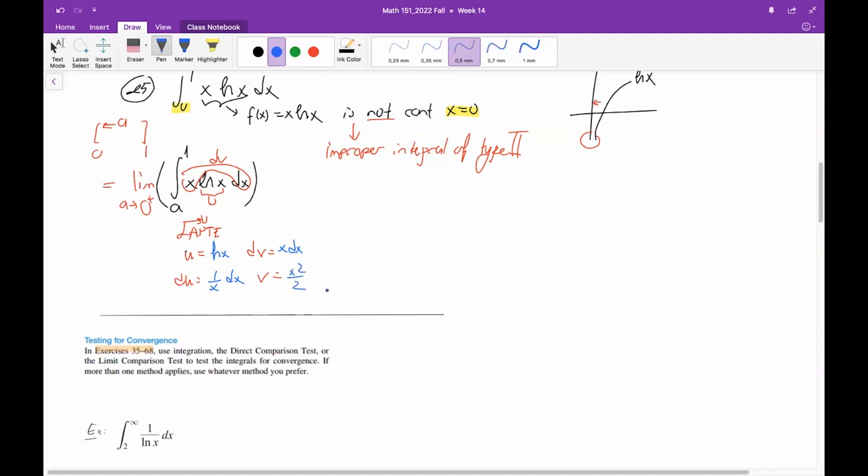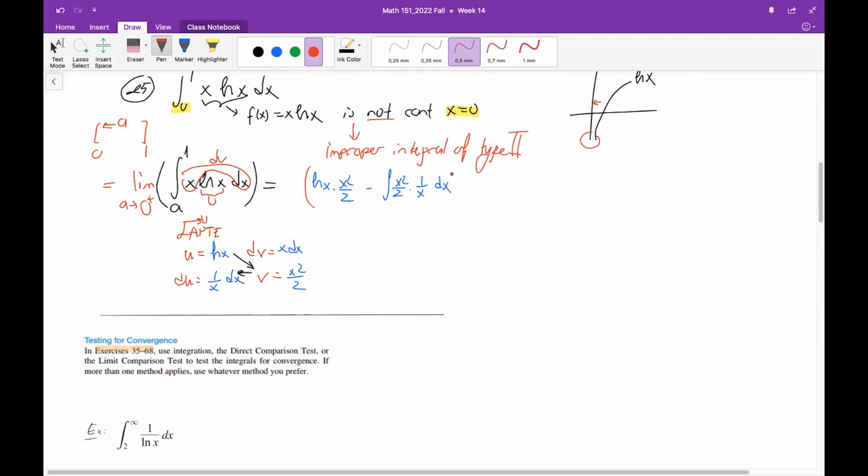Then it is x squared over 2. And the formula for integration by parts goes in this direction. You first multiply u and v, so it goes like ln x times x squared over 2. Then minus the integral of v times du, so it is x squared over 2 times 1 over x dx.